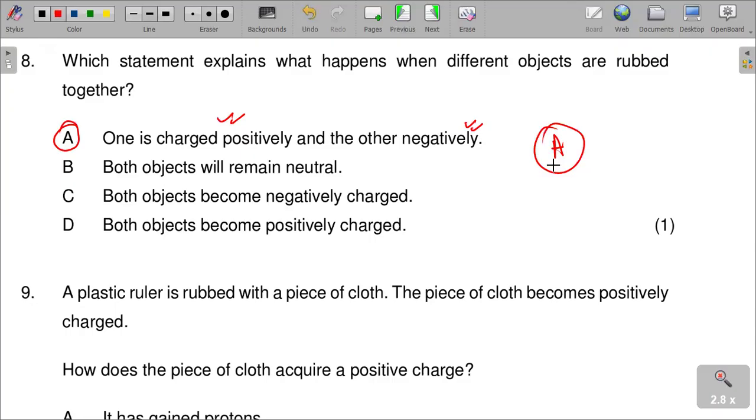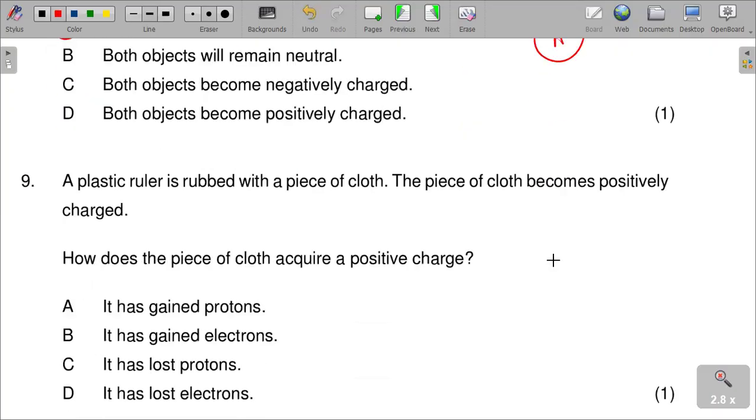A plastic ruler is rubbed with a piece of cloth. The piece of cloth becomes positively charged. Number 9. How does the piece of cloth acquire a positive charge? So it has lost electrons.